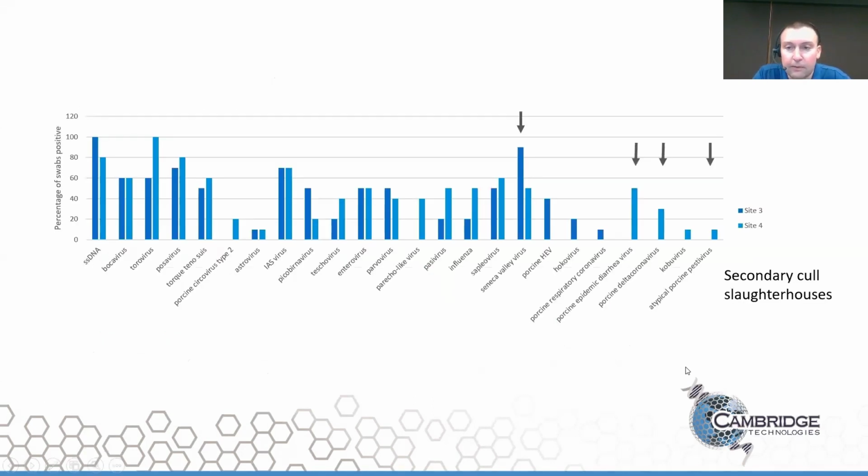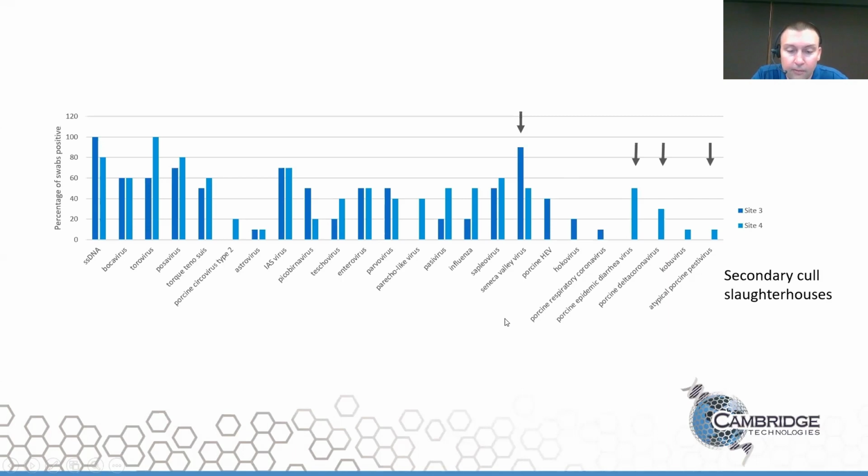But what's interesting is when we looked at the cull market, the cull slaughterhouses, we found these same viruses. But what was surprising is we found a high incidence of Seneca Valley virus, PED, Delta coronavirus, as well as atypical porcine pestivirus. It should be noted these samples were collected by a veterinarian.